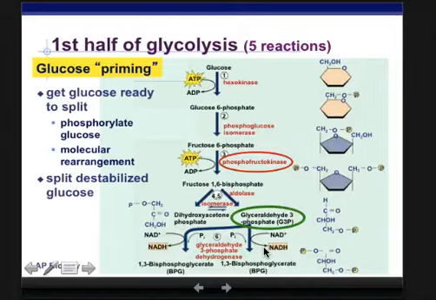The sugar is oxidized by the transfer of electrons and a hydrogen ion to NAD plus, forming NADH. That reaction is very exergonic, and the enzyme uses the released energy to attach a phosphate group to the oxidized substrate, making a product with a lot of potential energy. And that will take us on to the second half.